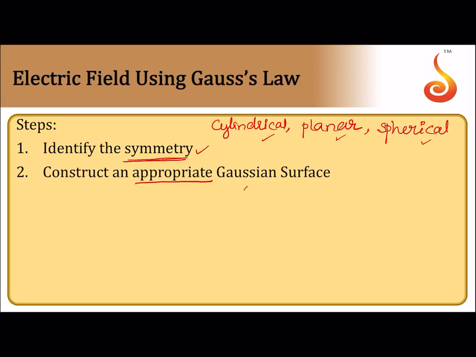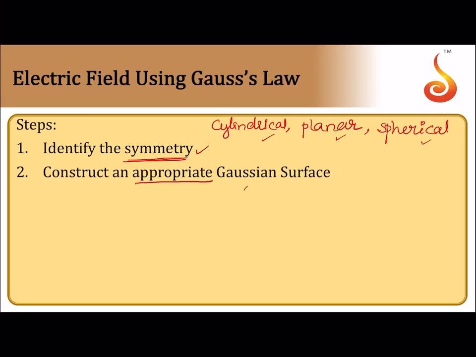If it is a sheet of charge, try to construct maybe a cube or cuboid Gaussian surface. Sometimes this is also called a pillbox. Something similar to a cube or cuboid. Third is spherical symmetry. If the charges are distributed in the form of a sphere, your Gaussian surface should be a concentric sphere.